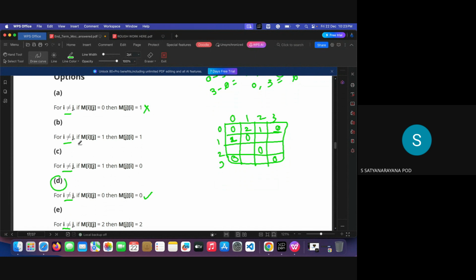Similarly, if m of ij equals 1, then ji is also 1, vice versa. So this is also a right option. And the next one, m of ij 1 means m of ji: if this is 0 then this is 0, if this is 1 then this must be 1.